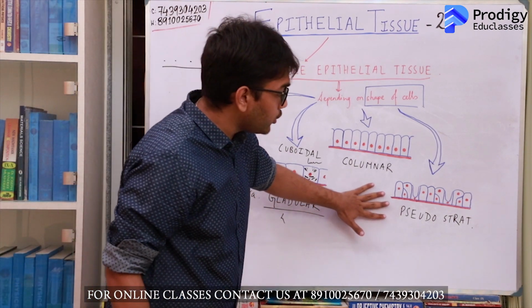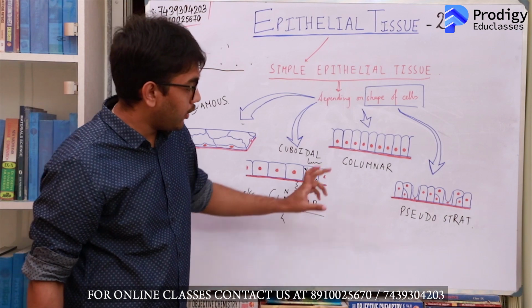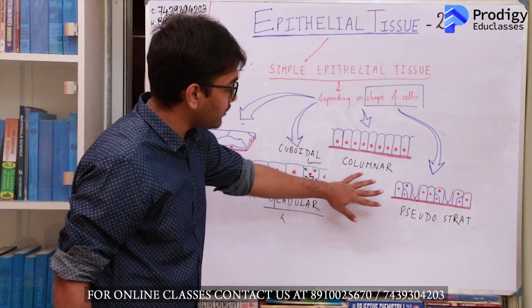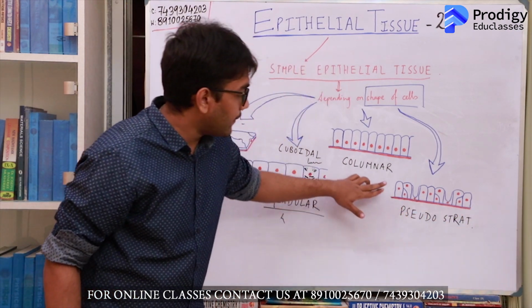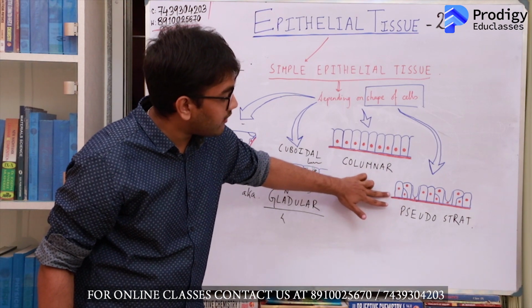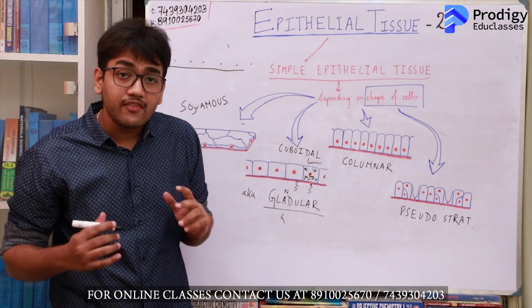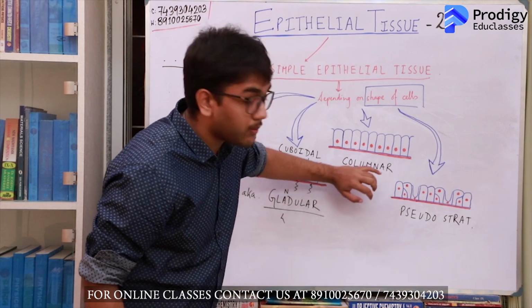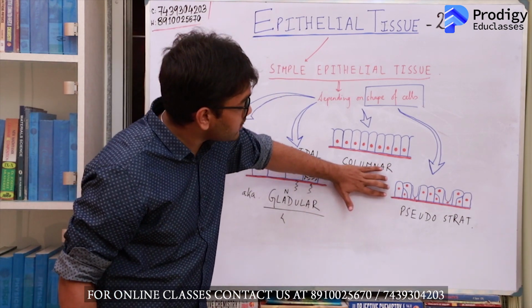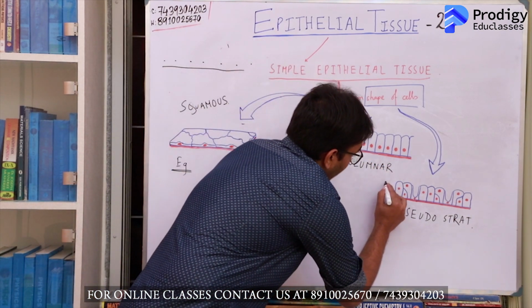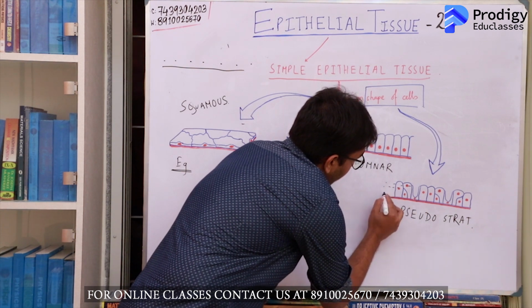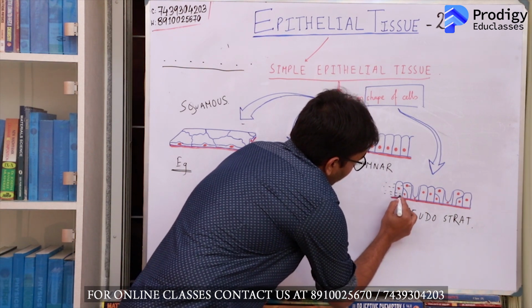But when I look at a pseudostratified epithelial tissue under the microscope, what I see is that above the basement membrane, the nuclei are present at various levels. So it gives me a false impression that maybe the nuclei are arranged in 4 different layers. One over here, one over here, one over here, and one over here.